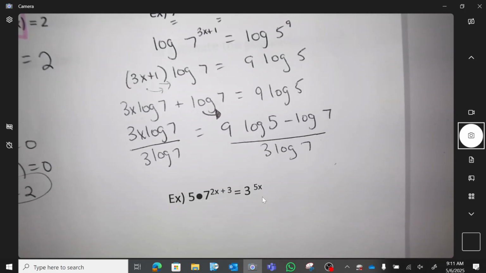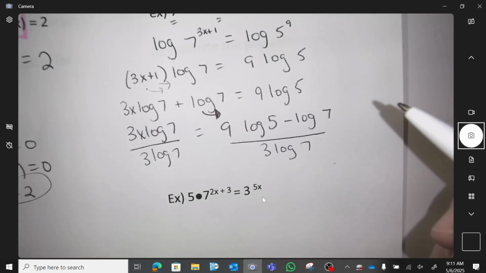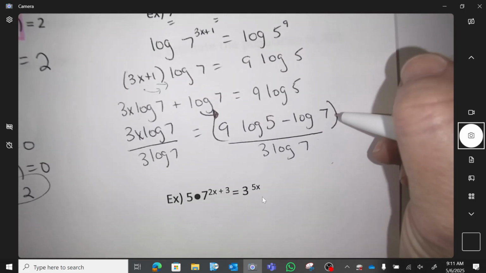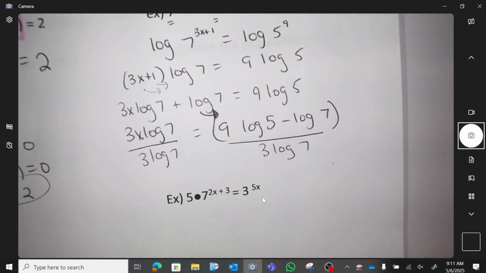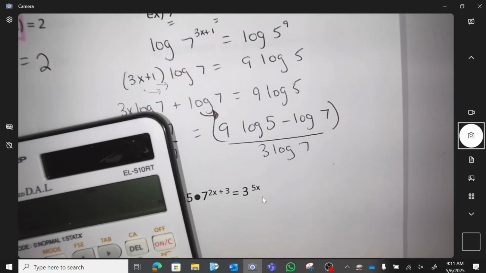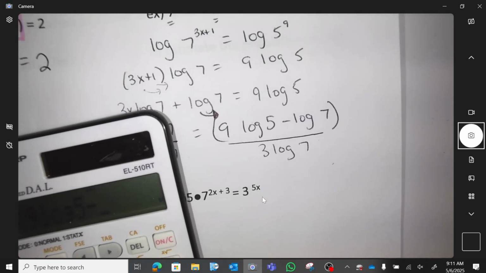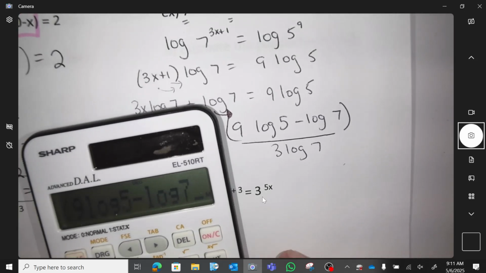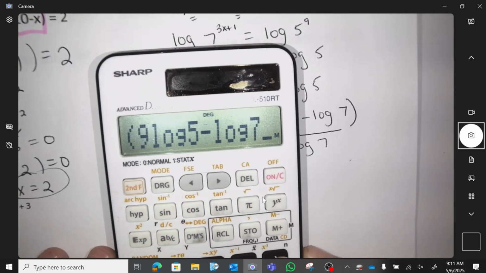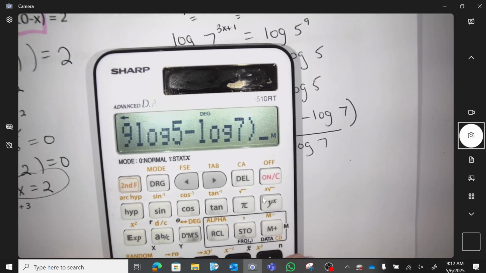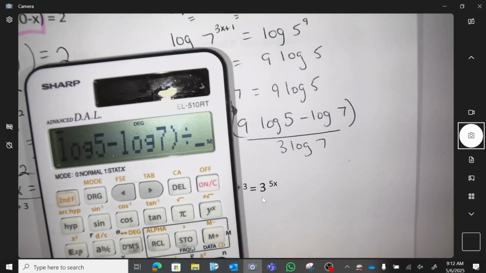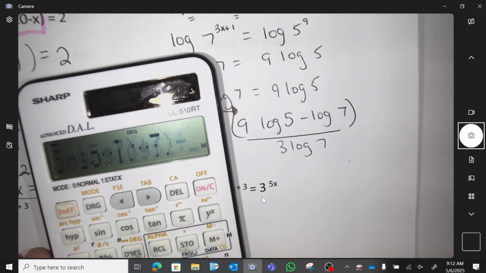Okay, this is it. We're ready for our big calculator stuff. So make sure in your calculator that you put brackets on the top family, right? This is what mine looks like: bracket, 9 log 5 minus log 7, divide by 3 log 7.